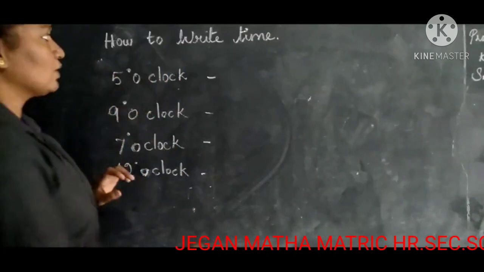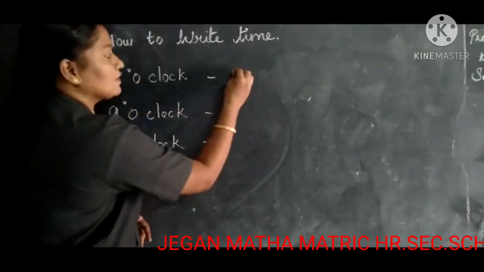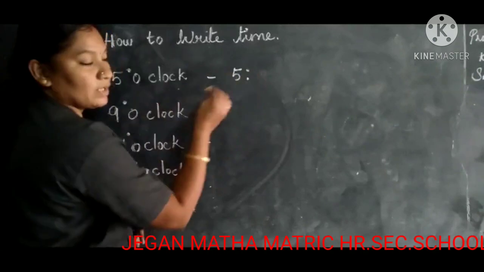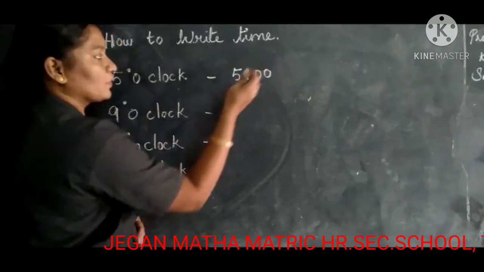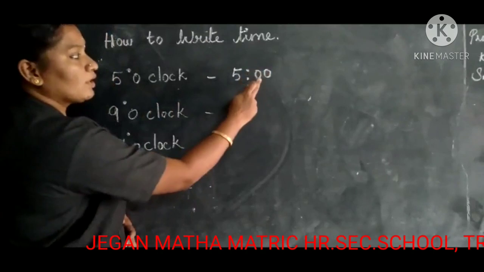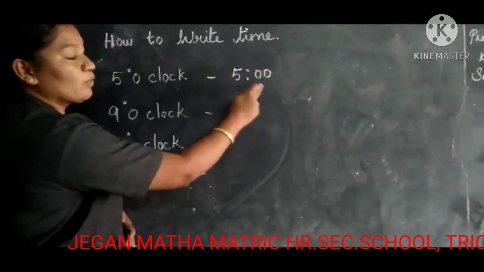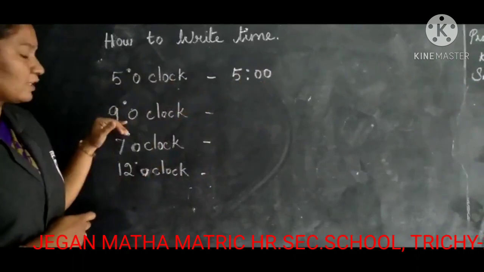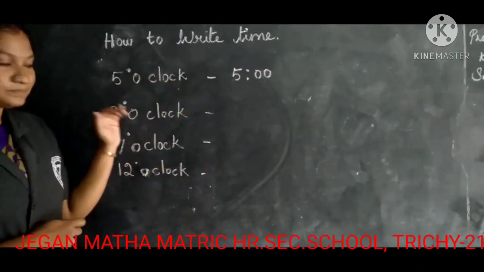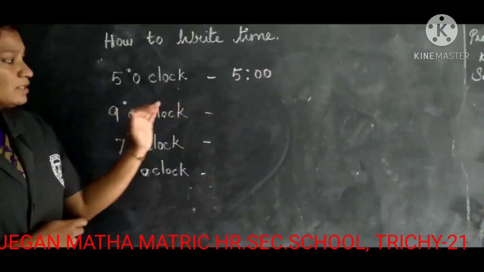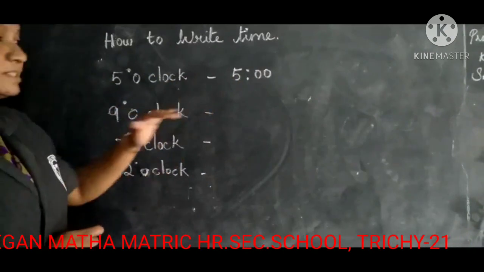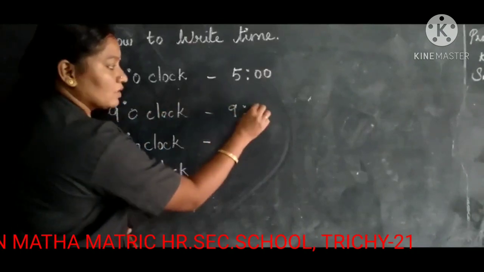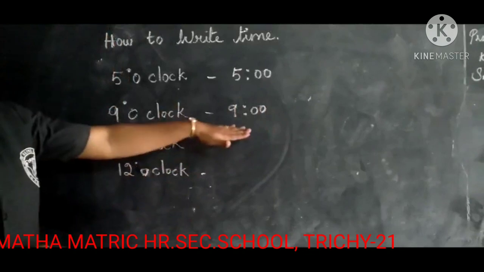We write it as 5:00. So, 5 o'clock. Then the next one, 9 o'clock, this is the reading format. This 9 o'clock is written as 9:00. So this is the writing format.